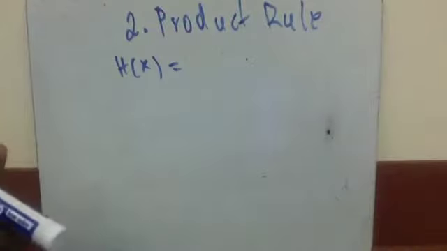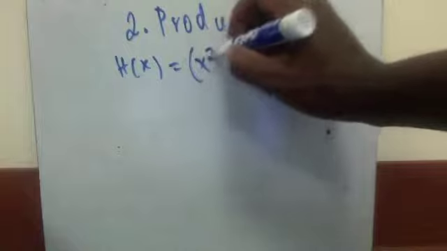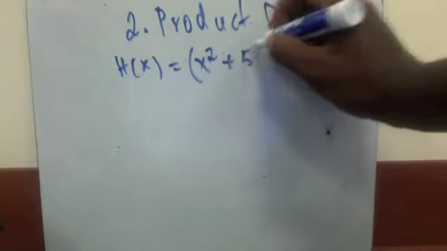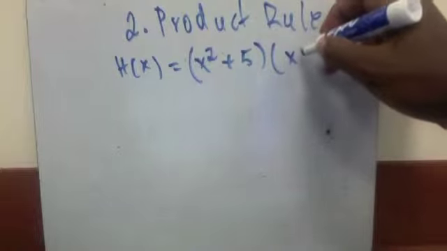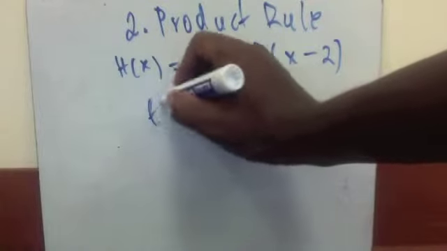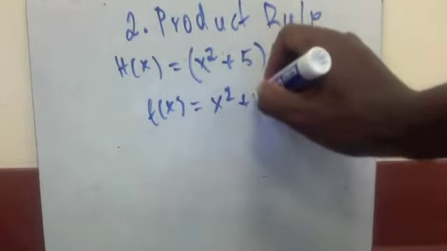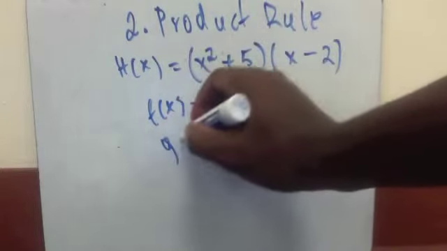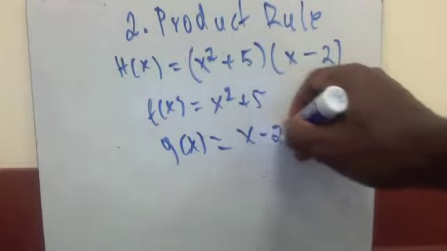Now, let's do a problem. Let's say we have a function h of x equal to x squared plus 5 times x minus 2. In this case, f of x is equal to x squared plus 5, and g of x is equal to x minus 2.